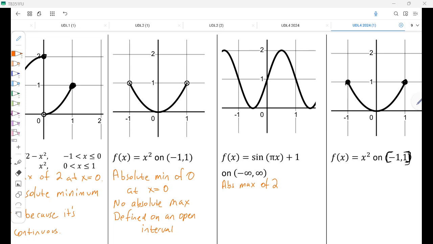So sine of pi x, what x value is getting us there? Yeah, 1/2, right? This is going to be 1/2. This is going to be negative 1/2, but this function goes on forever. So the next one would happen at, but that would be the minimum, wouldn't it? 2.5, yeah.